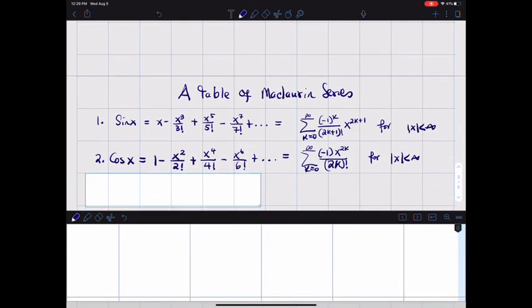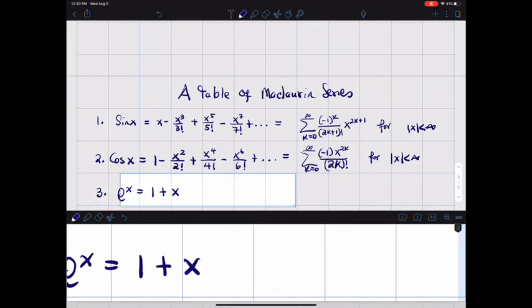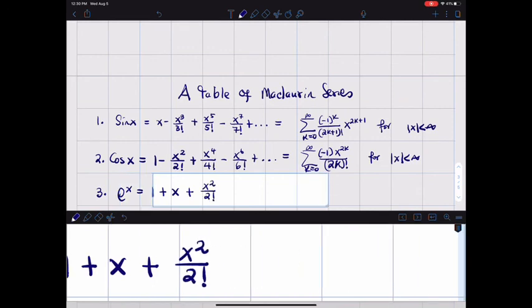Now, we also did e to the power of x. I really love e to the power of x, the Taylor series. In general, I love this function. Its derivative is itself, its integral is itself, and so forth.